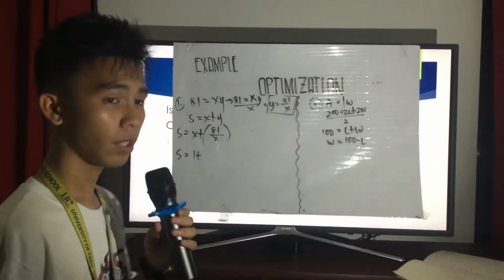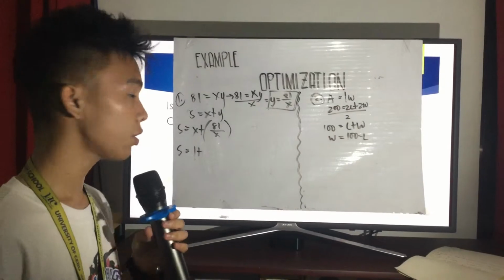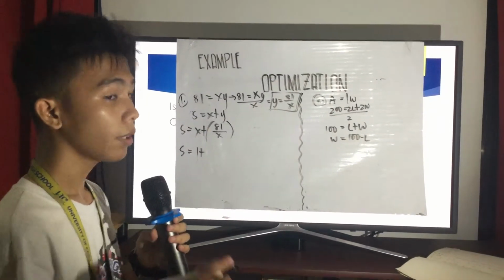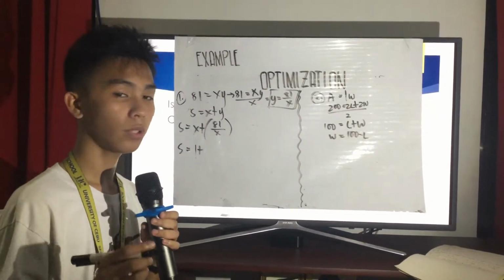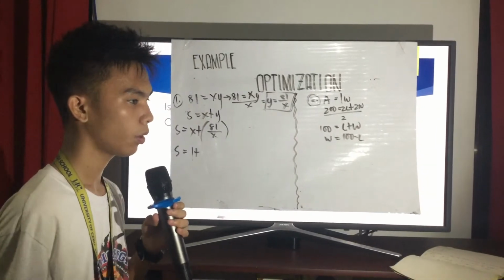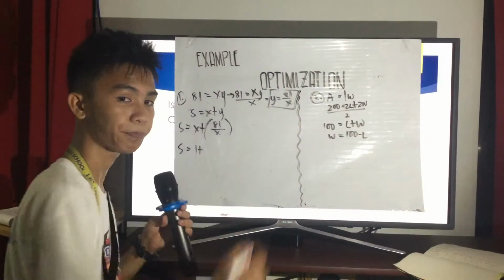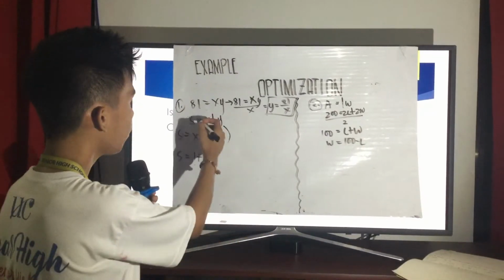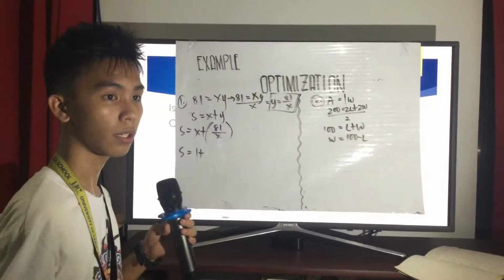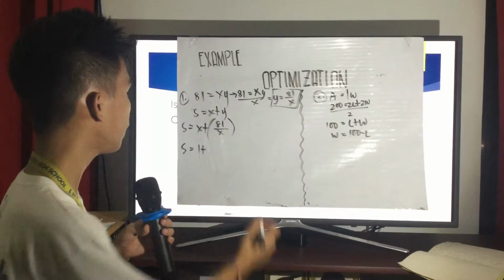So our first example in optimization problems is that the product of two unknown numbers is 81. We will represent these two unknown numbers as x and y. So 81 is equal to xy. The product of x and y is 81.